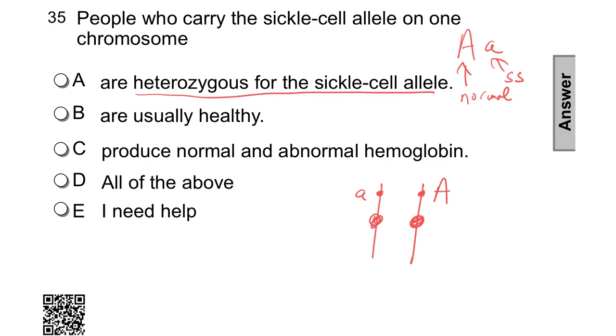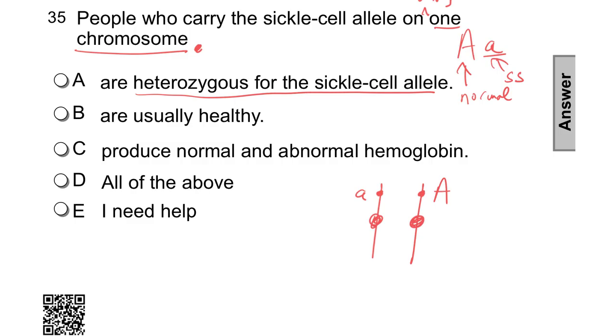So I think what they're saying on only one chromosome, we should emphasize that. So that means the other one would have to be big A, because it said only on one chromosome.